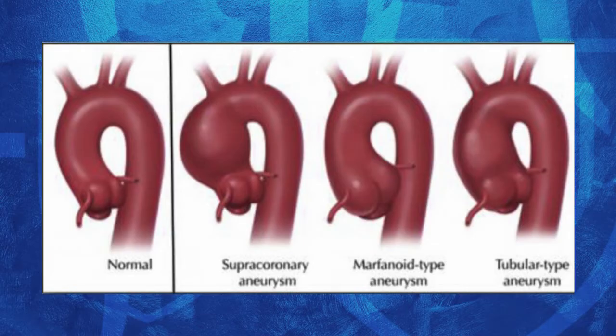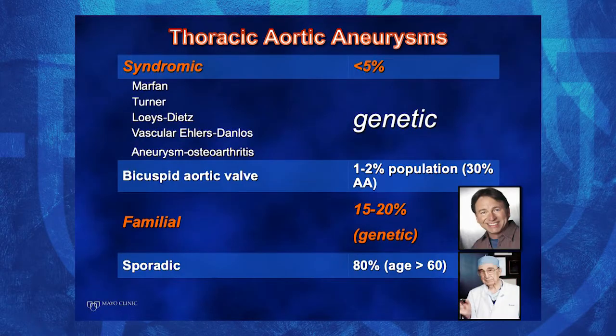But to give you an idea of how we look at this disease, we look at these thoracic aortic aneurysms a little bit in four groups that you see over there. There are two in red or orange and two in white. The first group is the syndromic one, and that represents less than 5% of thoracic aortic aneurysms.